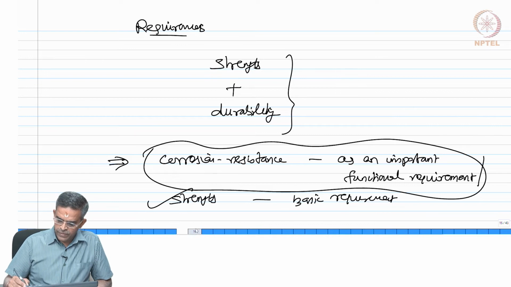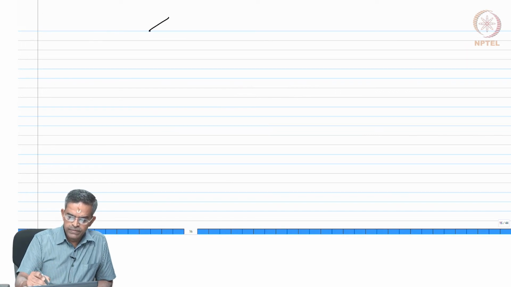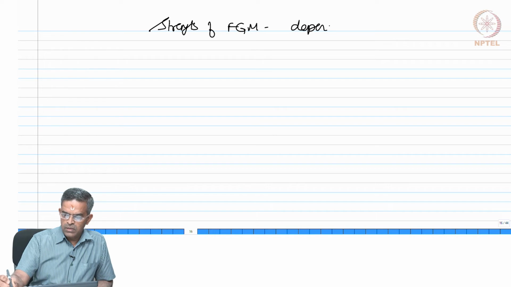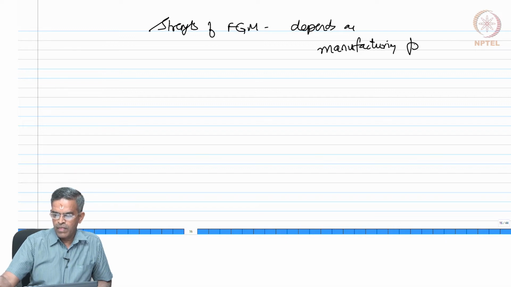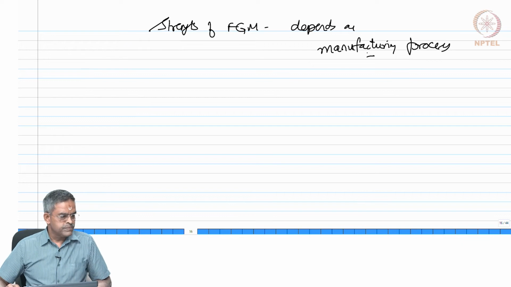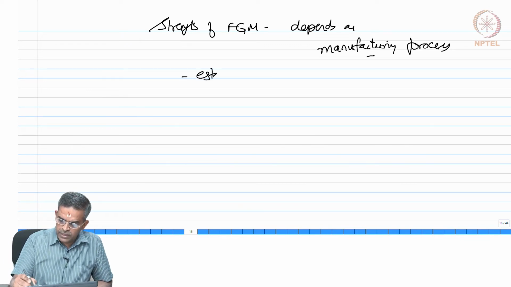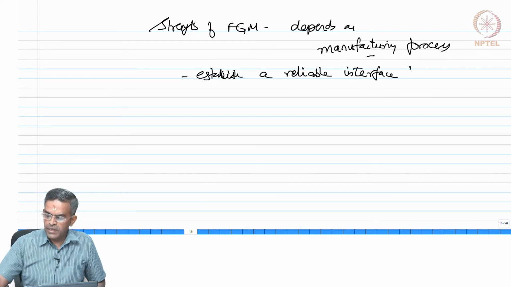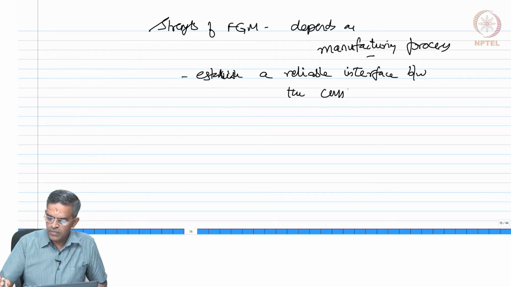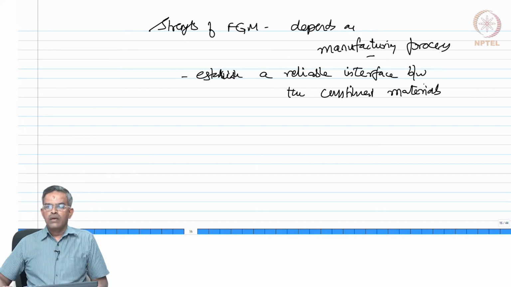Now, interestingly, the strength of FGM broadly depends on the manufacturing process, because you should be able to establish a reliable interface between the constituent materials so that you get a single material.